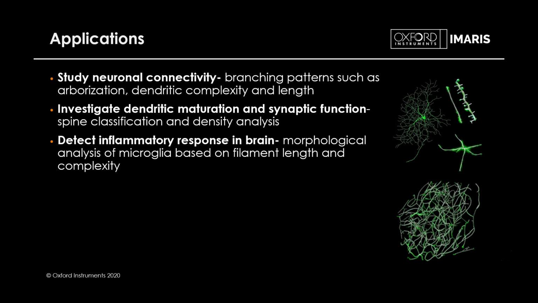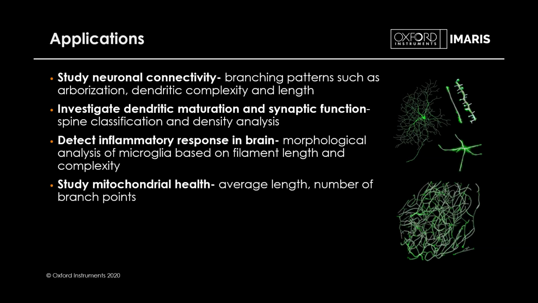Furthermore, for those who are in the fields of neurodegeneration, such as Parkinson's disease and brain injuries and brain traumas, we would be quite interested in detecting the inflammatory responses in the brain. And that is best done by performing morphological analysis of microglia, and we can then base that analysis again on filament length and complexity. Again, quite an important topic in the field of neurodegeneration, but also aging, is the study of mitochondrial health.